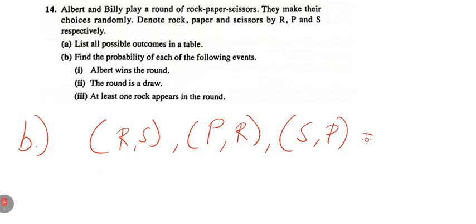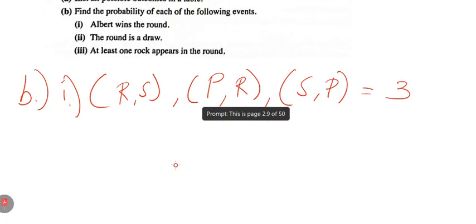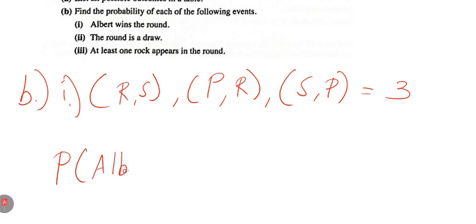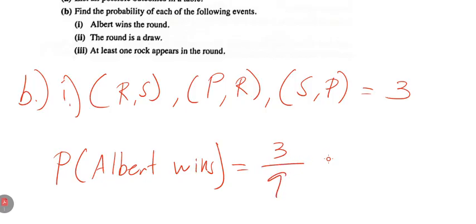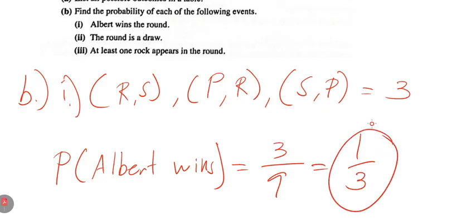Now let's write out the probability that Albert wins. We have 3 out of 9, which we can simplify to its lowest form, 1/3. So that's the answer for the first one.